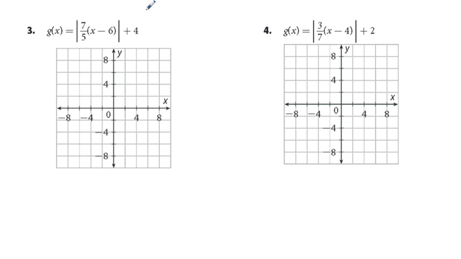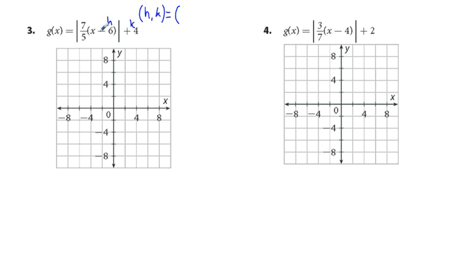Let's find the vertex. Okay, we have h comma k is going to be our vertex, and that's going to be x minus h here plus k.